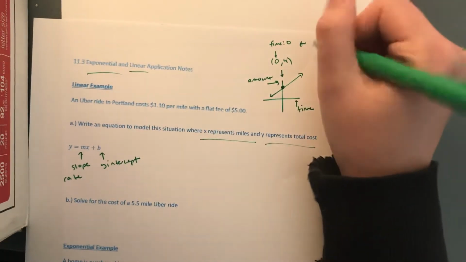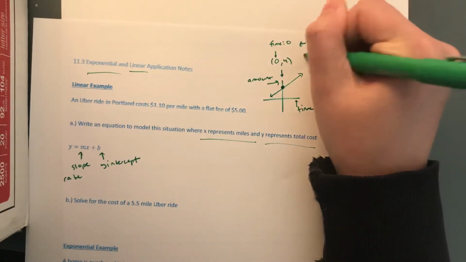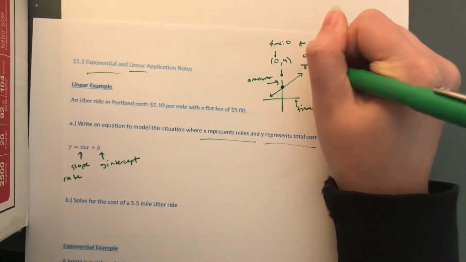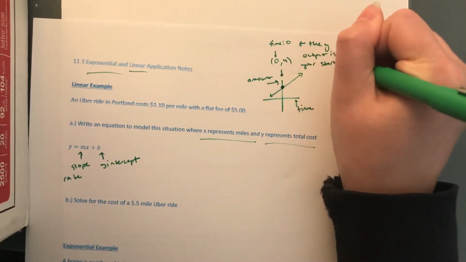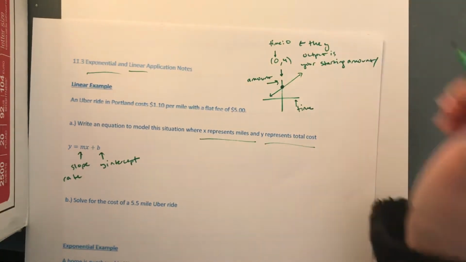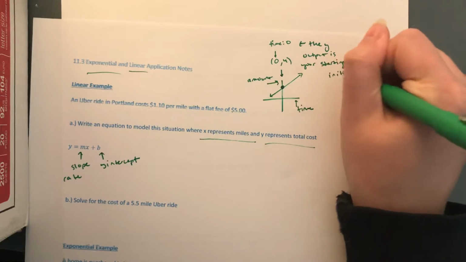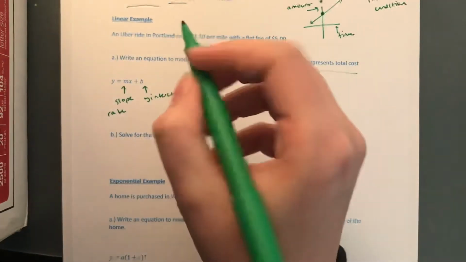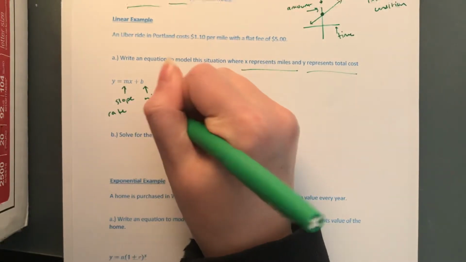the y output is your starting amount or initial condition. So your b value, your y-intercept, is really your starting amount.